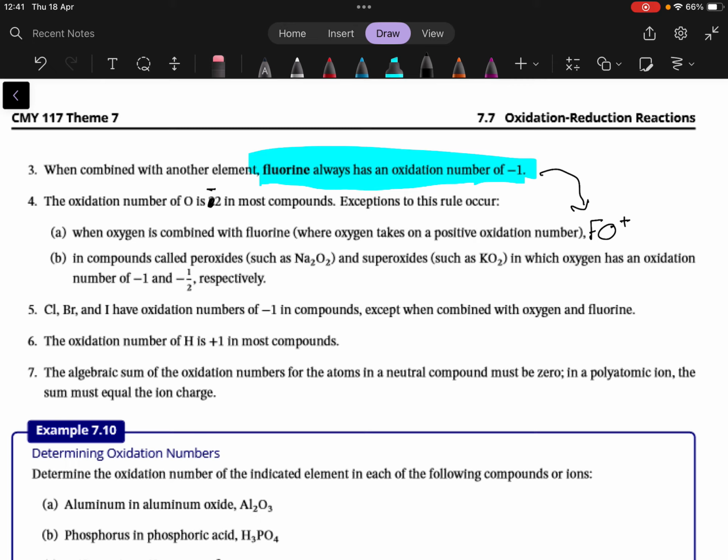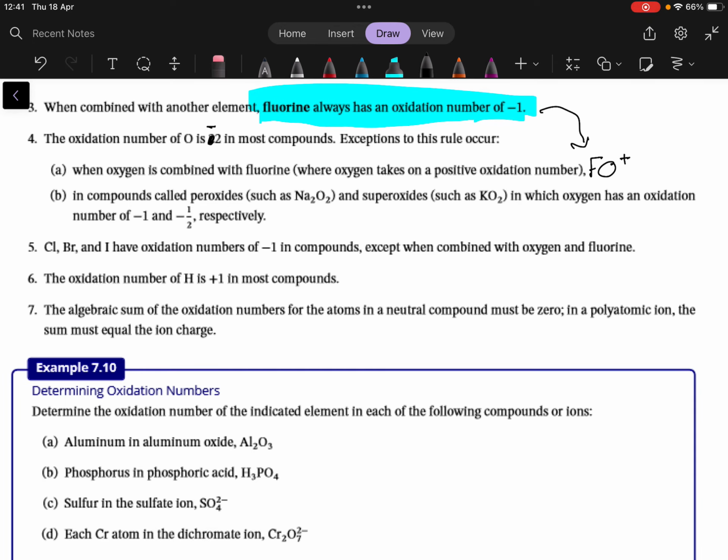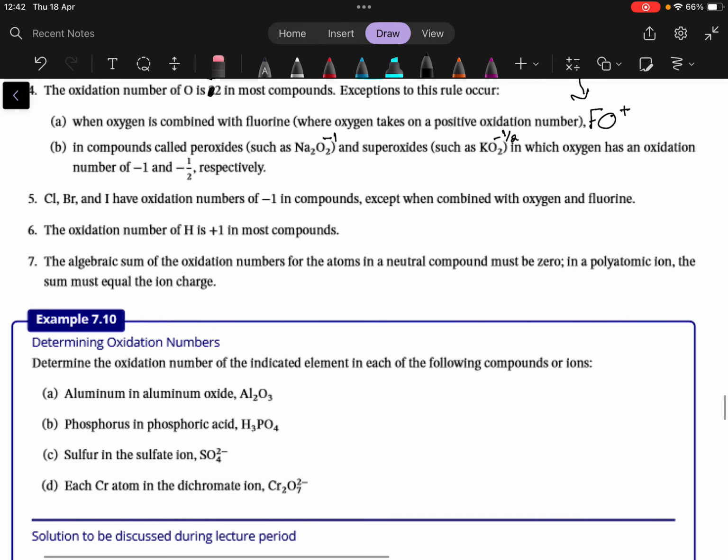And then in peroxides or superoxides, it might have a non-integer oxidation number, like -0.5 or -1, depending. So for example, it has -0.5 in potassium superoxide here, and it will have -1 in sodium peroxide there. So those are things you need to be aware of.